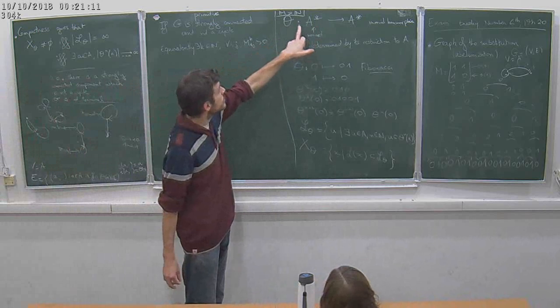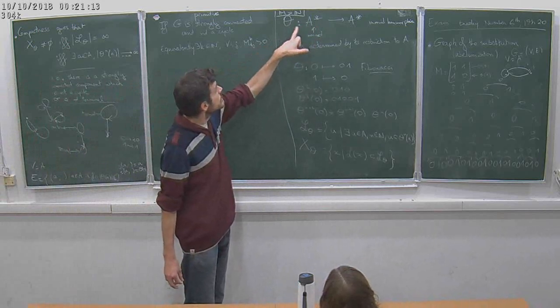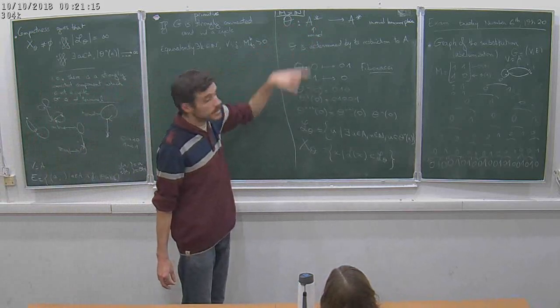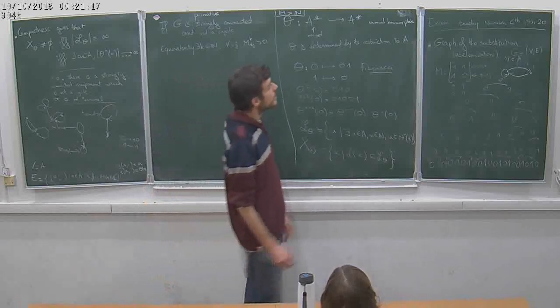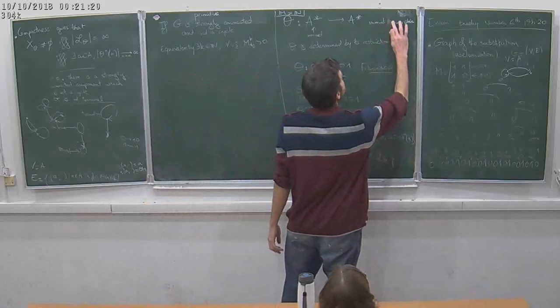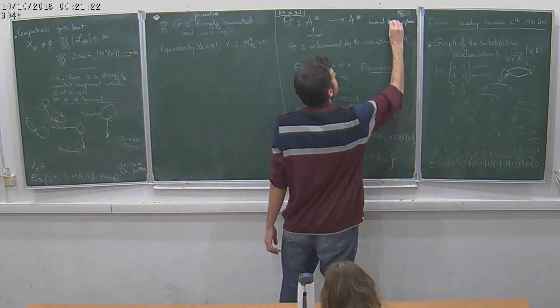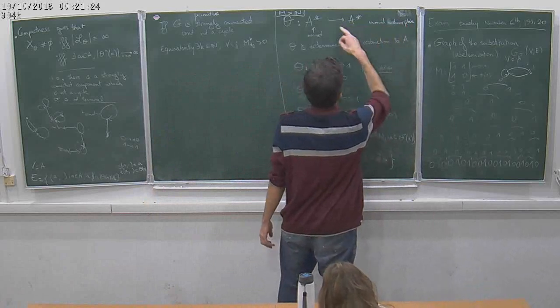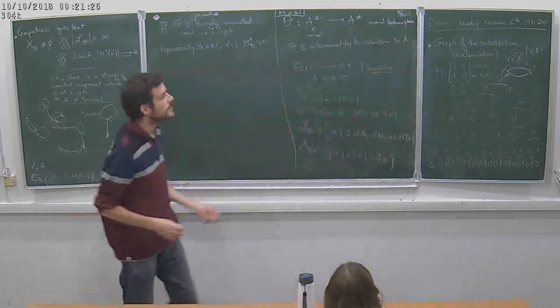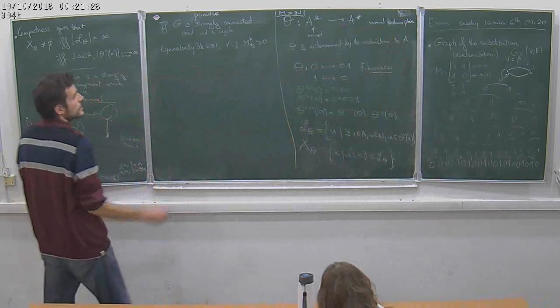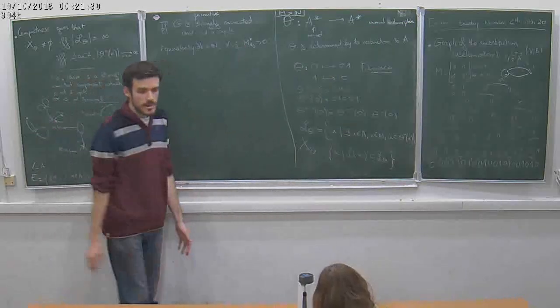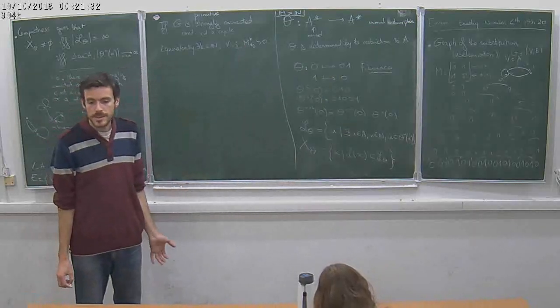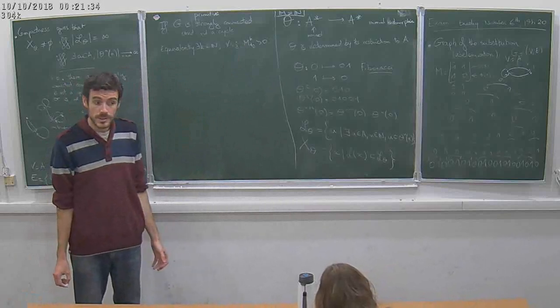It's completely defined to take a power of this. It's a monoid endomorphism even, which means it goes to itself, so I can iterate it. So this is the matrix of theta to the k, and what does it mean that all entries are non-zero?